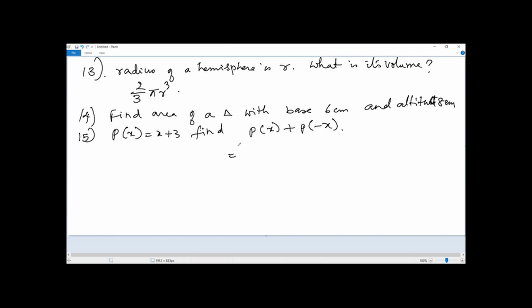So P of x equals x plus 3. P of minus x: wherever x is there, put minus x. So minus x plus 3. Minus x minus 3 you got. So how will you get 0? 6, ma'am.